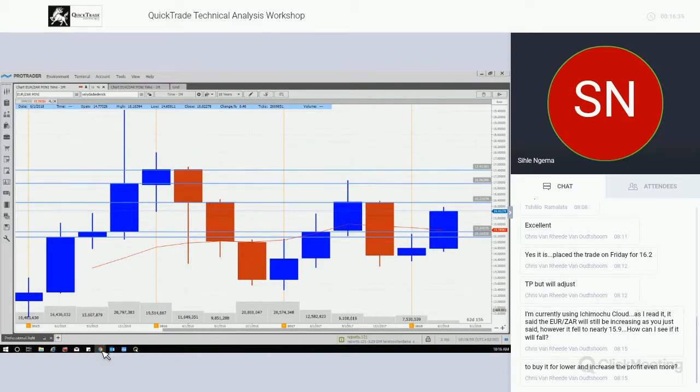You need to get your support and resistance right, get your trend lines right. Once you've gotten those right, then you can try and apply your simple moving average. You cannot just apply the simple moving average and expect it to do all the job. That's not how it's done. So it's important that you check that out. I will show you what I'm talking about now.